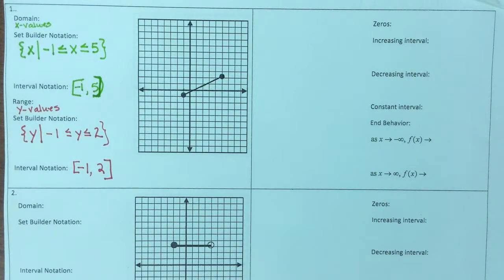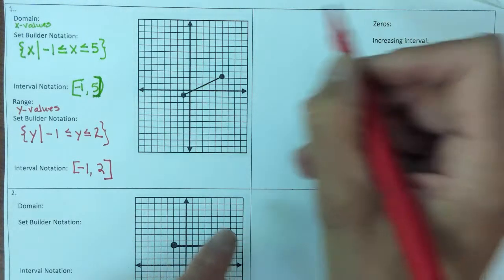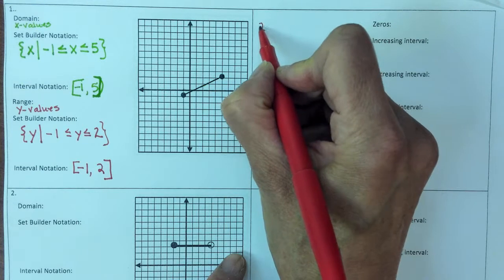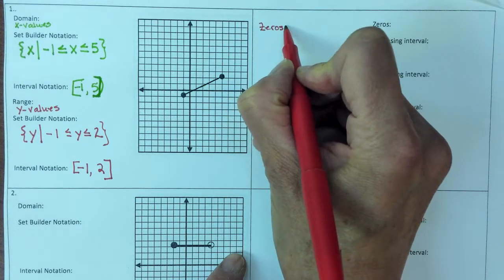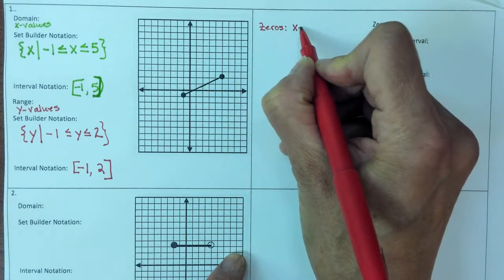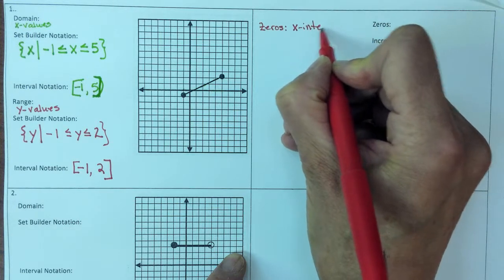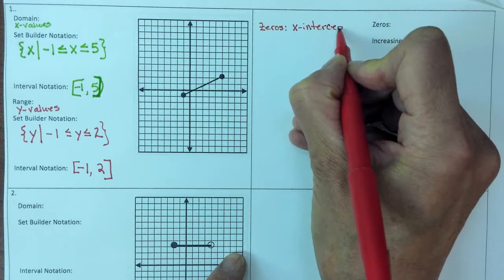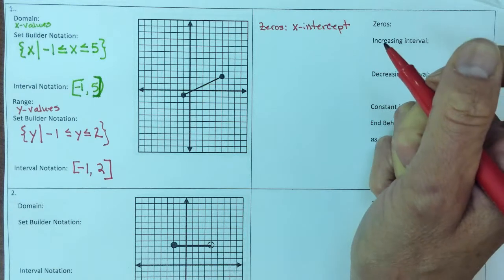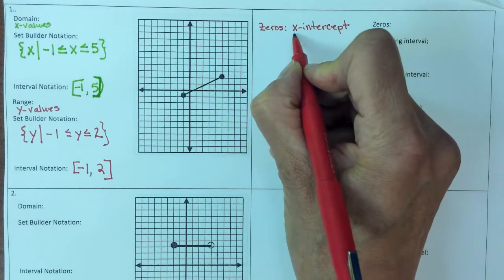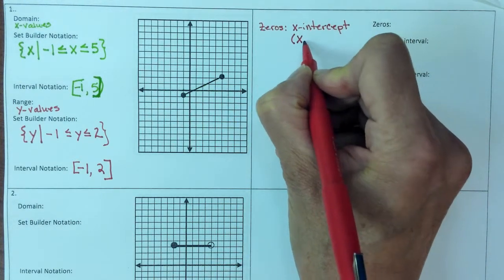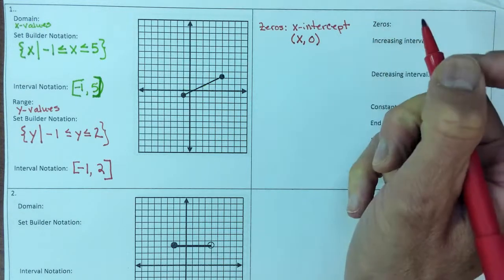We're going to look at zeros. So zeros, let's just write this over here, is the same as x-intercept. Another way of writing x-intercept is I'm looking for some value of x where y is 0.